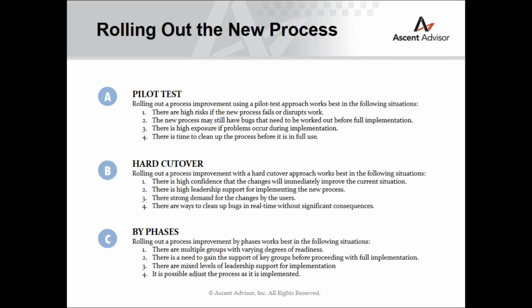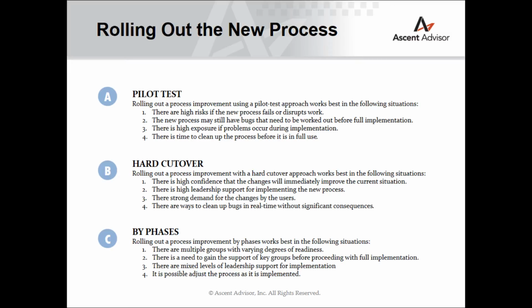There are three main approaches to process implementation: a pilot test, a hard cutover, or by phases. The pilot test requires that we roll out the process on a small scale first to clean up the bugs before it's rolled out more fully across the organization.